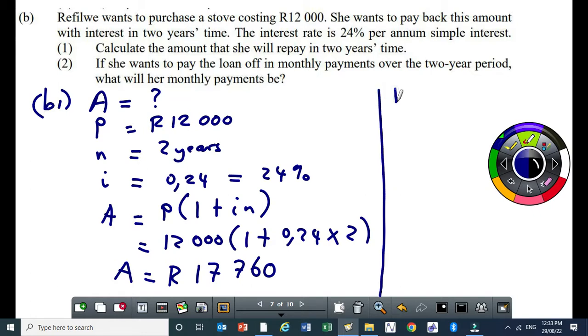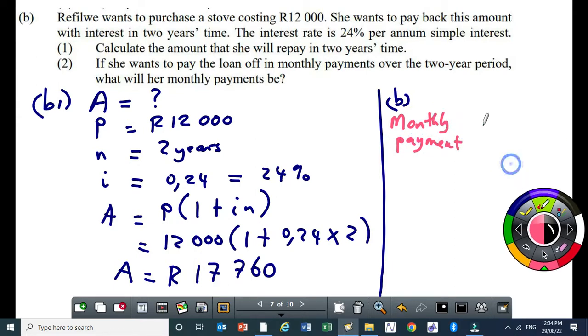Okay, so for B, the monthly payment is going to be equal to the value of A we got in B1, which is 17,760 divided by 24, because 2 years times 12 months per year gives 24 months in total.